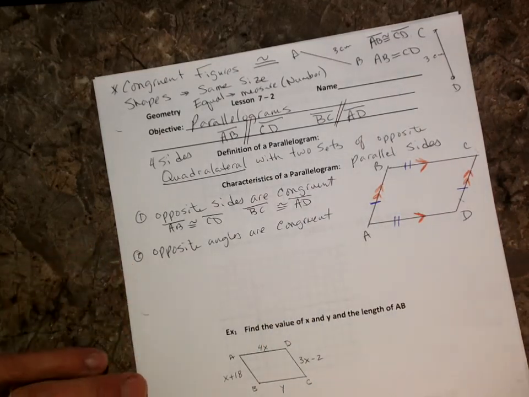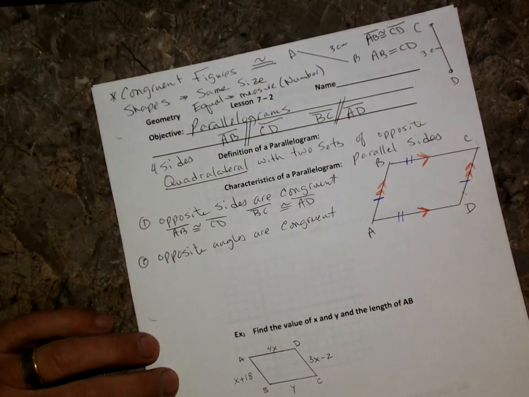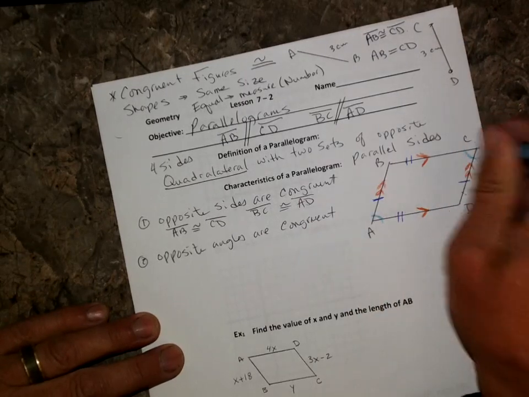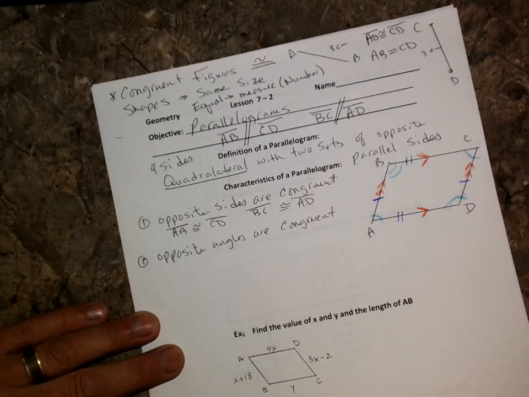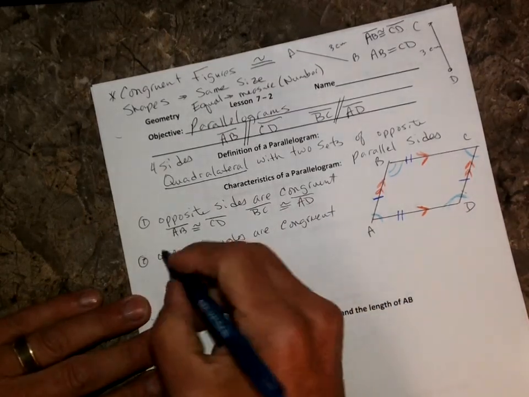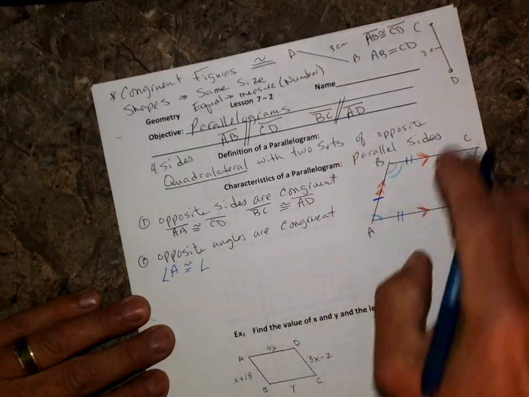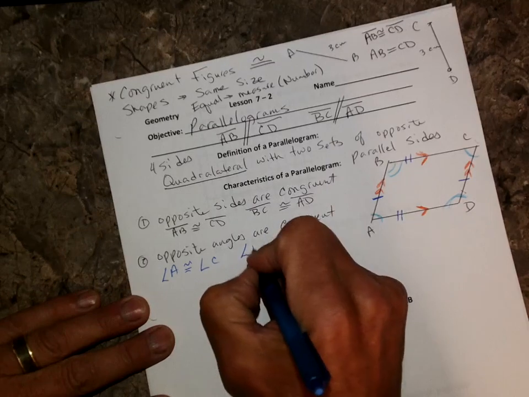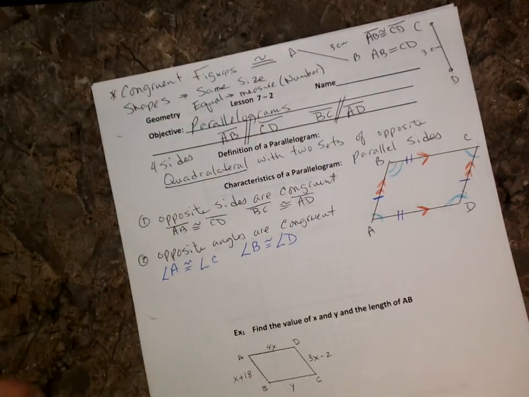So, for instance, I can say that angle A is congruent to angle C, and angle B is congruent to angle D. So I'm going to mark that: angle A is congruent to angle C, and angle B is congruent to angle D. That seems obvious, hopefully.